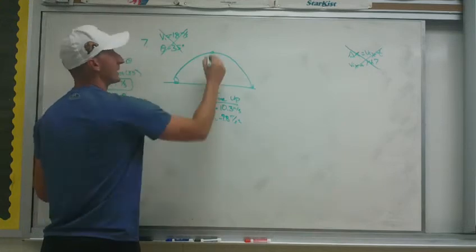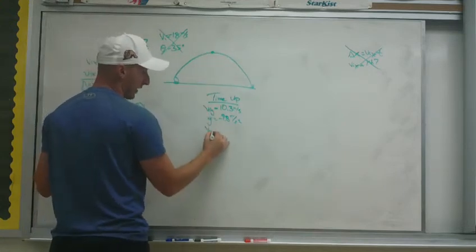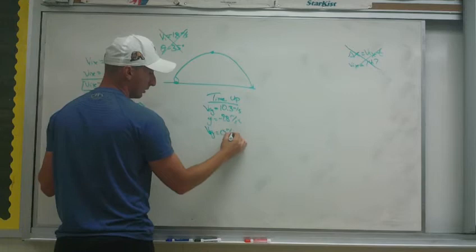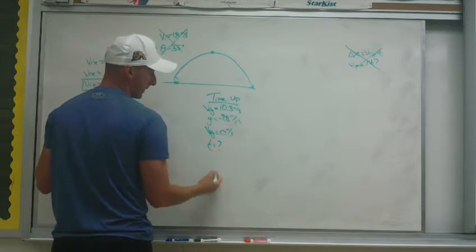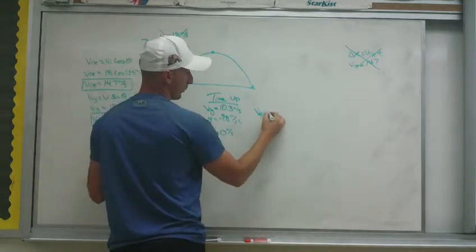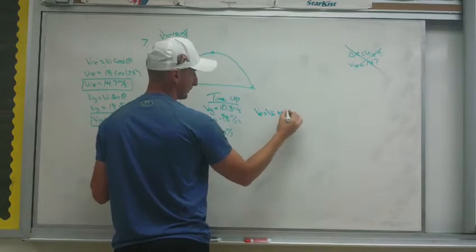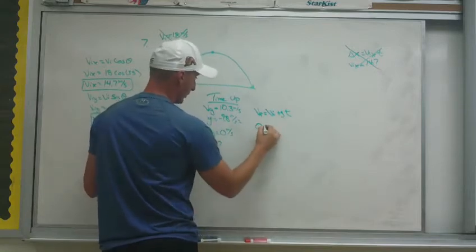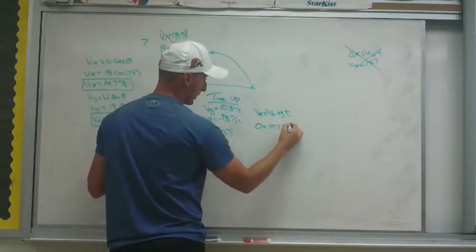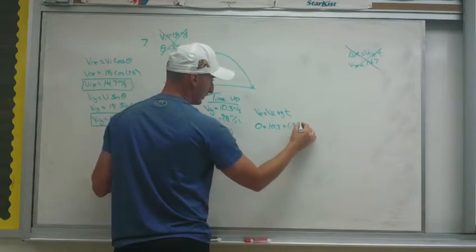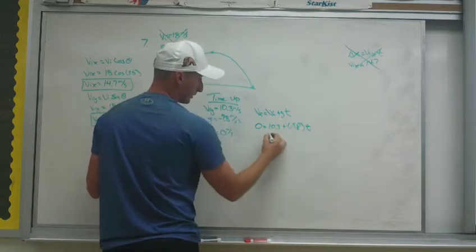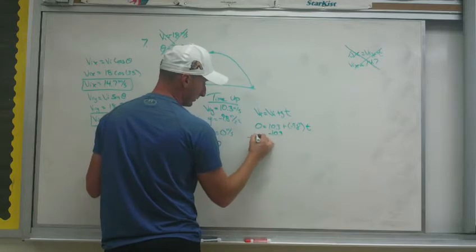What else do I know? Oh, at the highest point, my velocity final on the y is 0. I want to find time. I use this: VF equals VI plus GT. VF is 0, VI is 10.3, plus negative 9.8 T. Subtract 10.3.